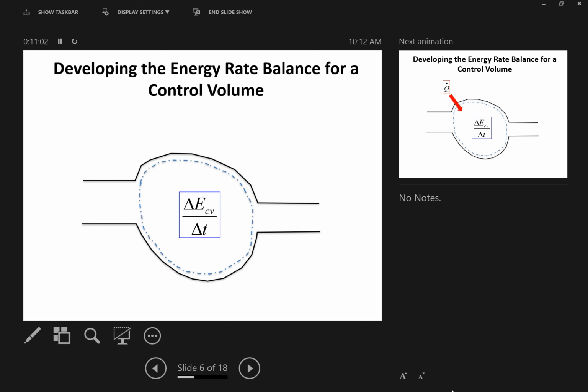What can cross the boundary? Heat. Good. That's actually my next arrow. Yep. What else could go in or out that we did in a closed system? Work. Okay. Yep. And then fluid energy.